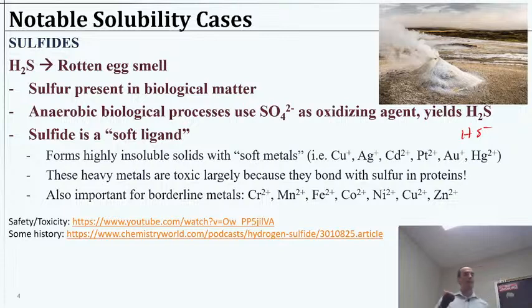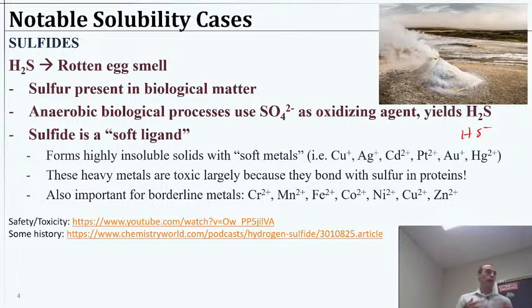Part of the reason it's so hazardous is because of its propensity to complex with things. So it tends to be highly insoluble when complex with soft metals like copper 1+, silver+, cadmium 2+, platinum 2+, gold+, and mercury 2+.